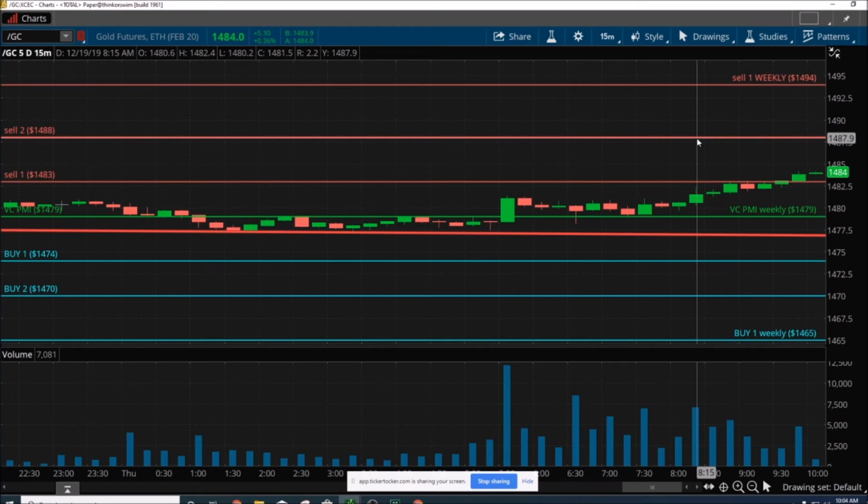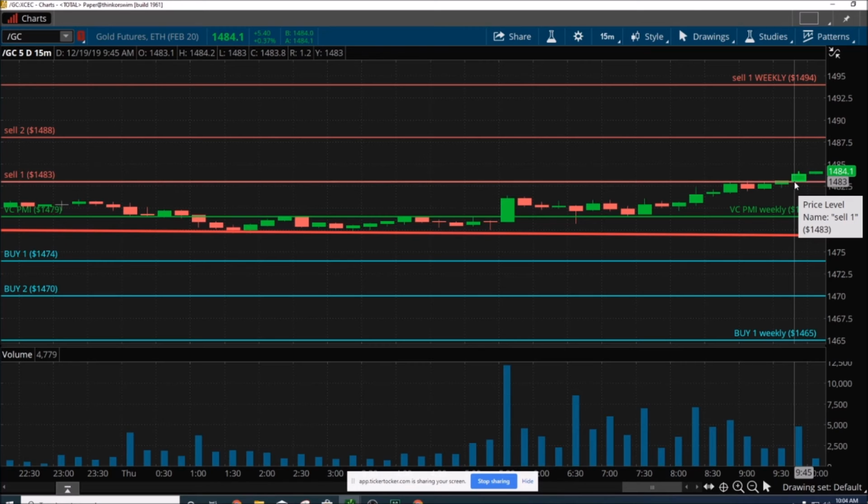And if you're carrying a weekly signal or a weekly target at 1494, then keep that swing open with a target of 1494 and trail your stop accordingly, which could be at 1483 or below.